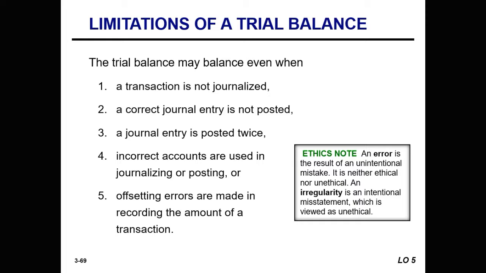It will not tell us because it will balance if we have posted to the incorrect ledger accounts. And it will not tell us that there is an error in amounts posted, because it will balance as long as those errors are offsetting each other.